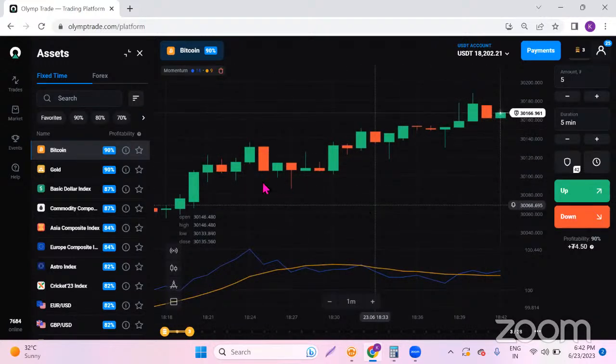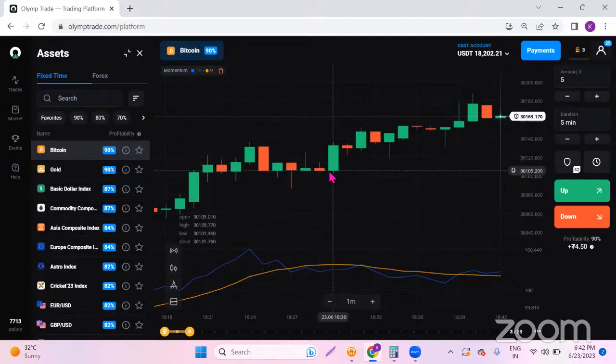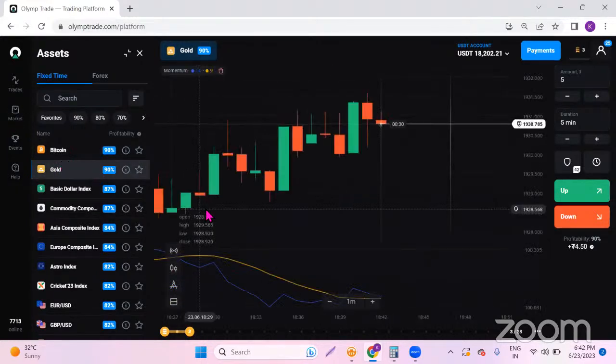Now, why is it a flat market? There is a red candle, green candle, red candle, green candle, and there is no continuous trend being followed. There's one candle red, one candle green. So I normally suggest my traders to not trade in such situations. Now we will check different assets and see if we are getting signals anywhere.